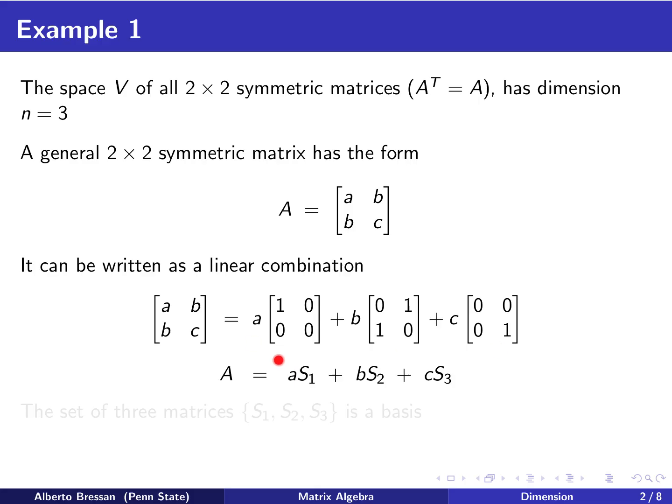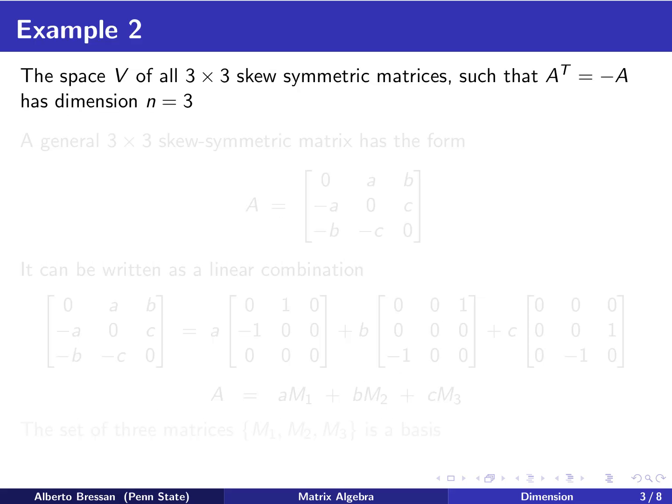That is, A S1 plus B S2 plus C S3 will equal the matrix A. Furthermore, one can also show that the 3 matrices S1, S2, S3 are linearly independent. Therefore, we can conclude now the set of these 3 matrices is a basis for the vector space V of all 2 by 2 symmetric matrices.